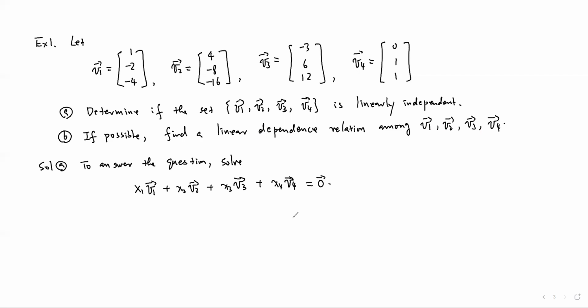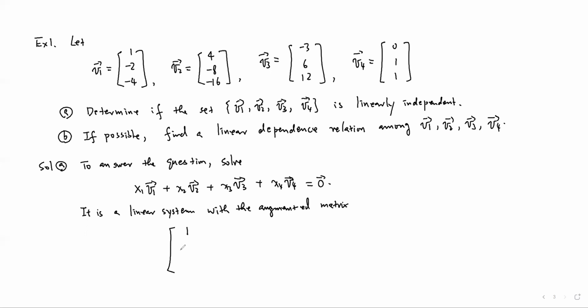This vector equation is a linear system. It is a linear system with the augmented matrix. Augmented matrix, this matrix. First column, coefficients for the unknown, x1. Coefficient for the unknown x1 is vector v1.